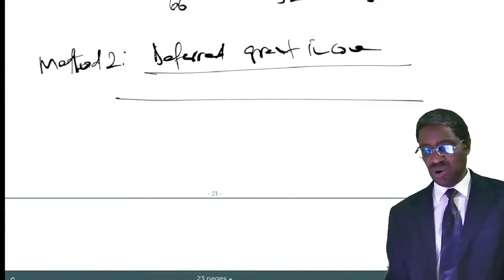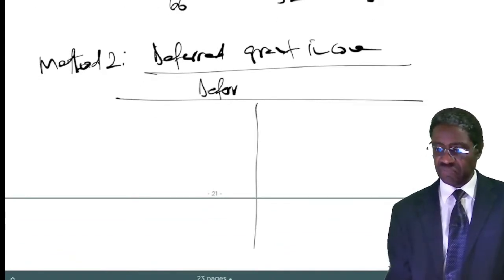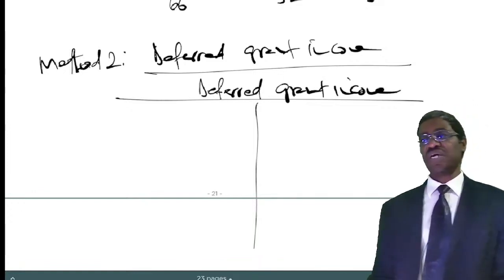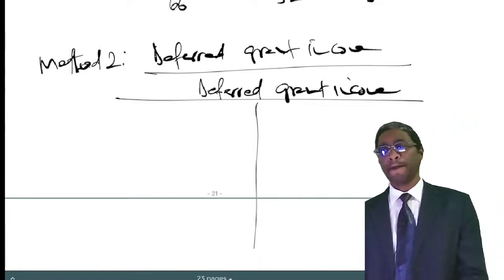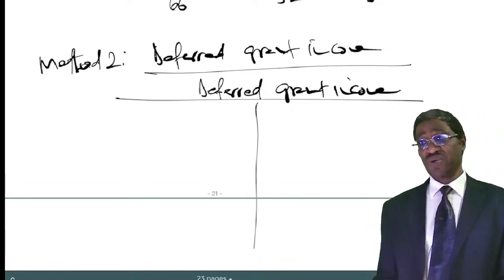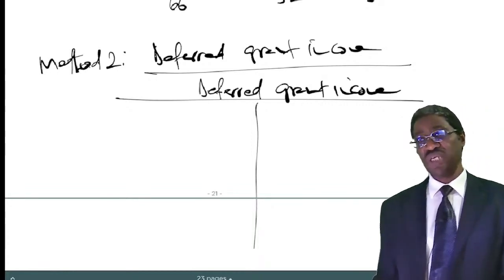Open an account called deferred grant income. Make it about 6 or 7 lines because we want to do for 3 years. Don't forget they have told us to do for 3 years.